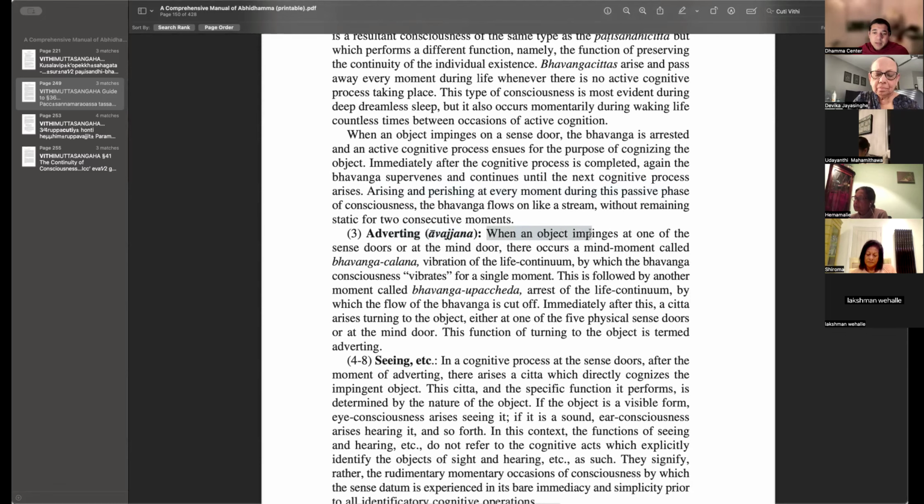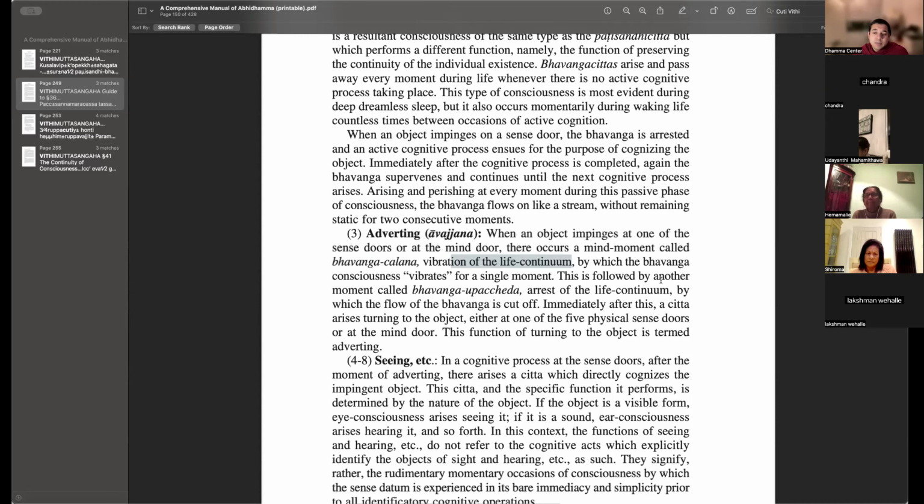When an object impinges at one of the sense doors or at the mind door, there occurs a mind movement called the bhavanga chalan, the vibration of the life continuum, by which the bhavanga consciousness vibrates for a single moment.